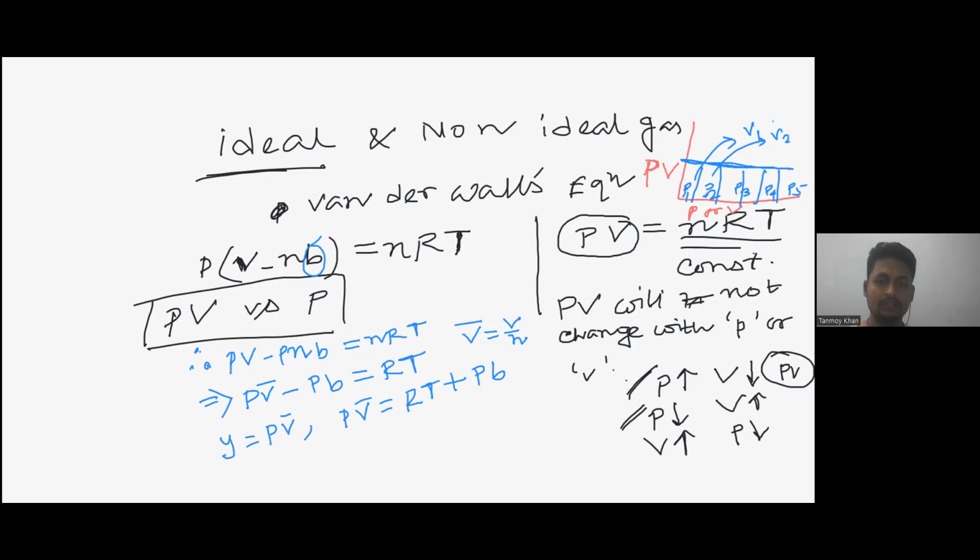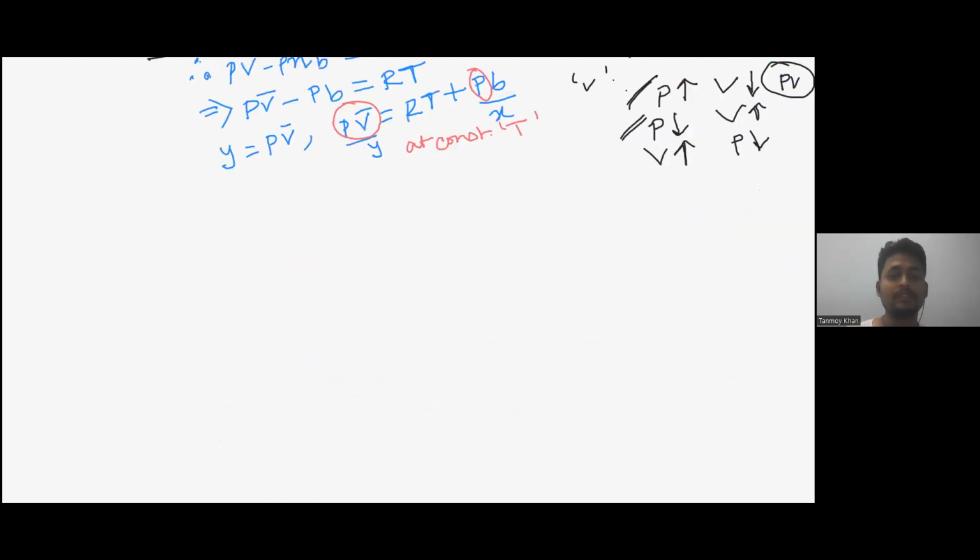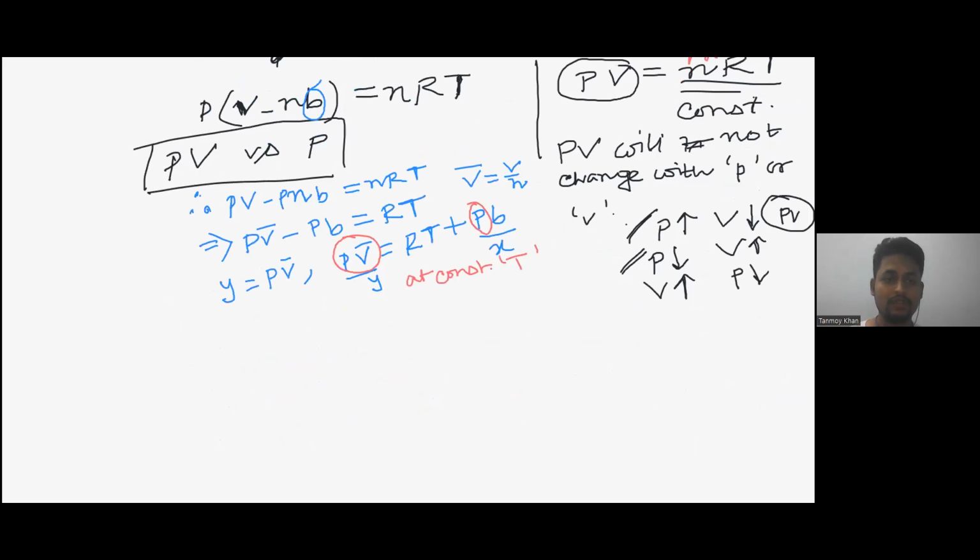Now this is your Y and this is your X. At a constant temperature, if you want to draw PV versus P, this RT as a whole is constant.